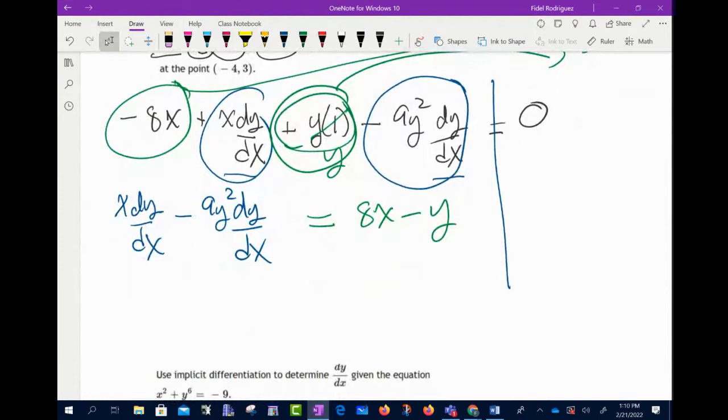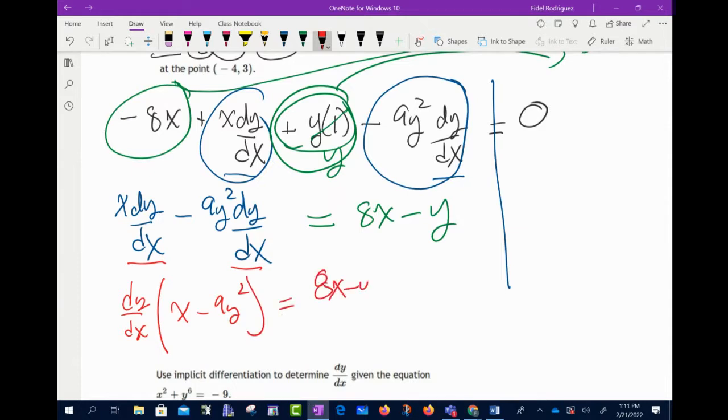Remember what the next step is. We're going to factor out our dy dx. So we're going to factor this guy out here. So we're going to go dy dx, x minus 9y squared equals 8x minus y. And then how do we get rid of that x minus 9y squared?